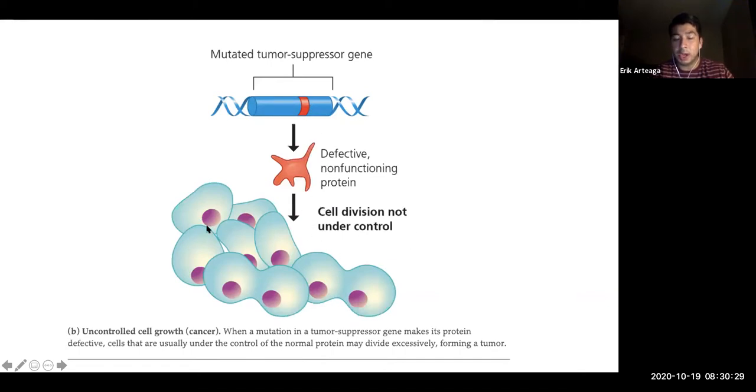The cells will not check themselves through interphase, prophase, anaphase, telophase, and then cytokinesis. They can be continually dividing unchecked, given this protein is being produced either not sufficiently or defectively, right? And then you have cell growth and malignancy shown here.